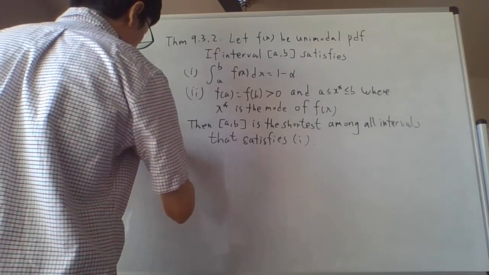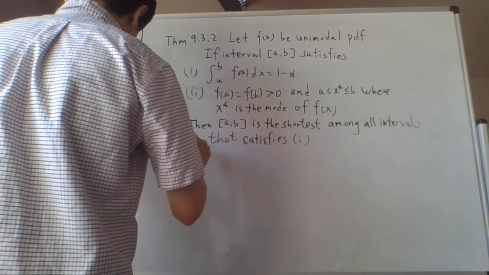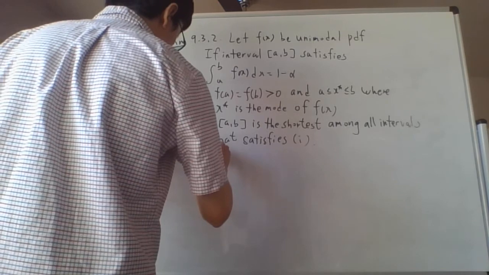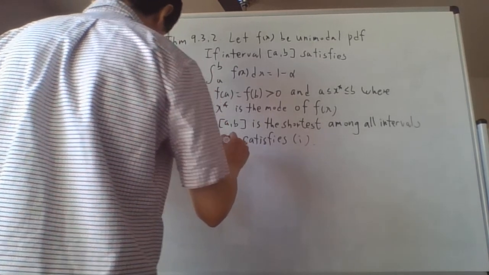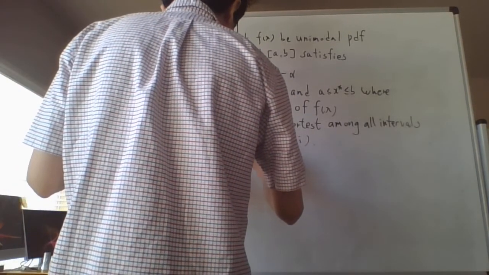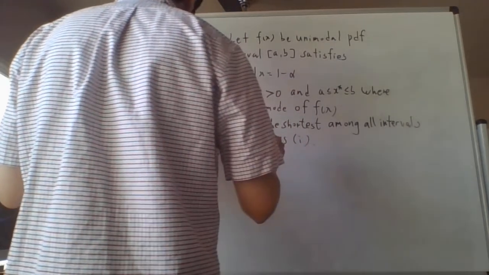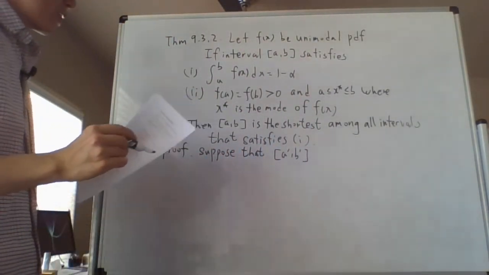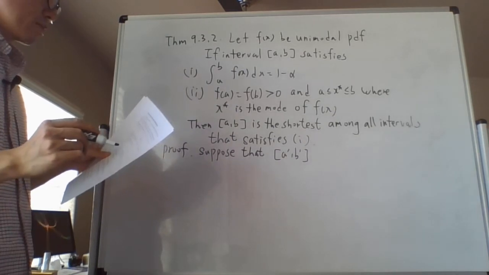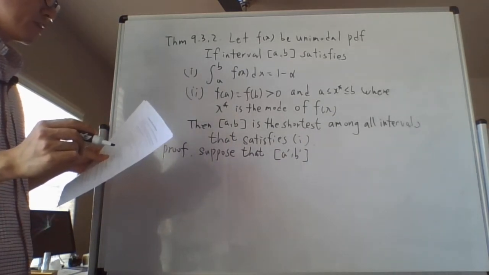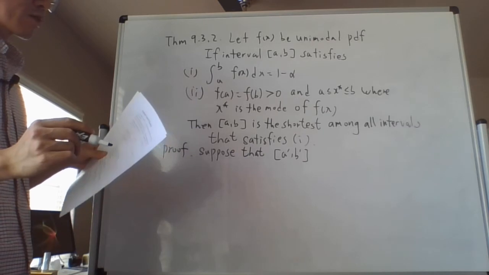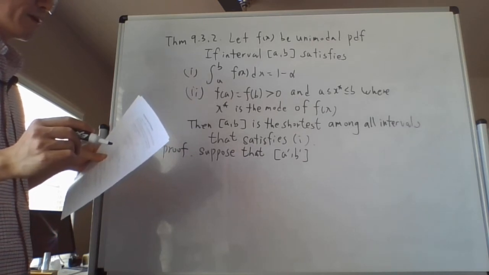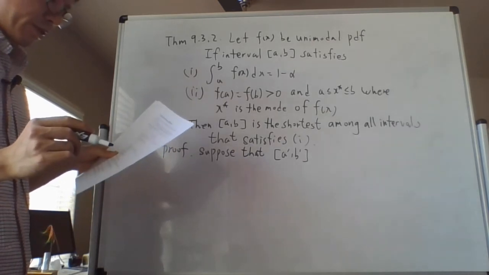So, proof. The idea of the proof is that when you pick an interval whose length is shorter than A and B, that interval does not have 1 minus alpha confidence coefficient.